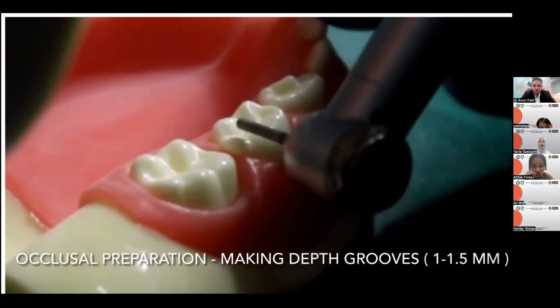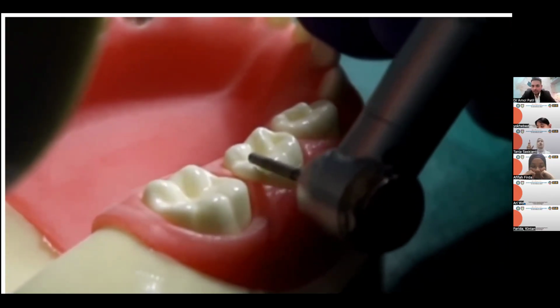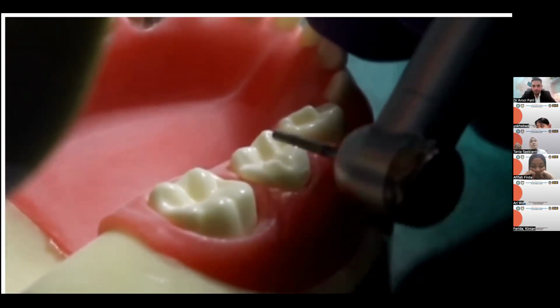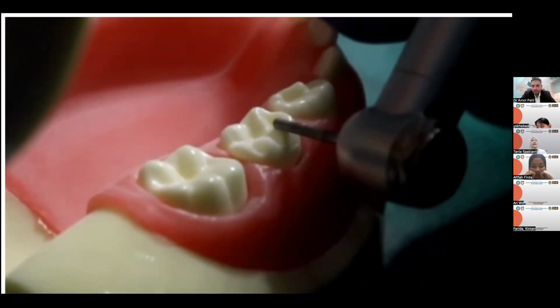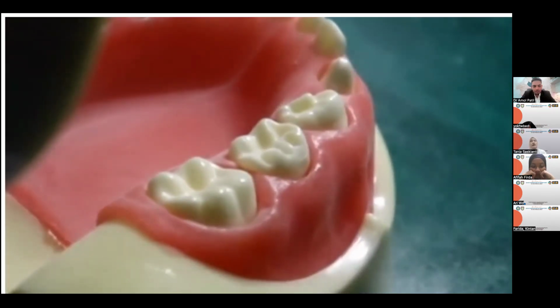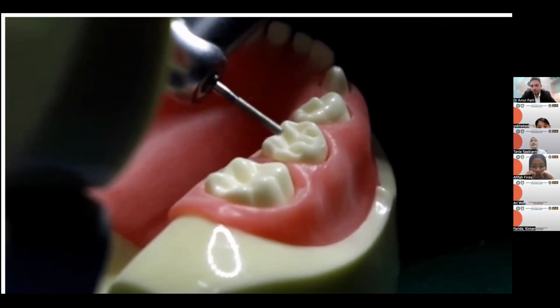So occlusal preparation with the football shaper, preparing the grooves on the occlusal surface around 1 to 1.5 mm. I don't want to waste time on the video. I'll just share this video with you all later on.